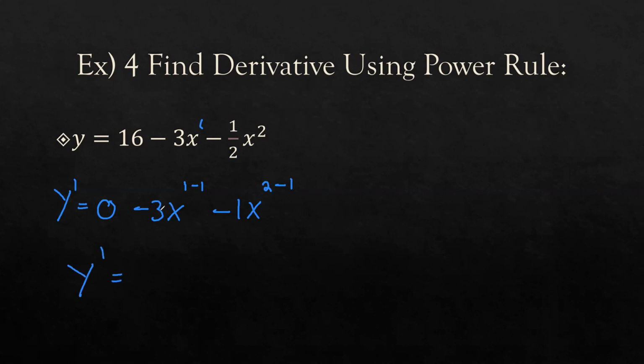And then -3x to the 1 minus 1, well, we know that's x to the 0, and anything raised to the 0 is 1. So 1 times -3 is -3. And then this is going to be -1x, and then 2 minus 1 is 1. Okay, so that is your final answer.